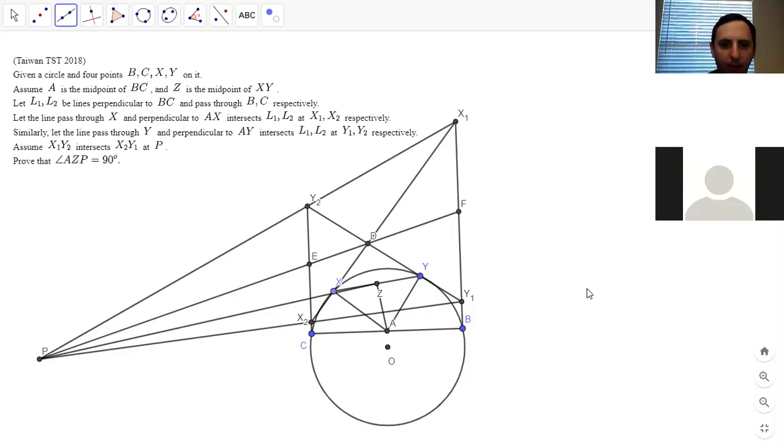Do we know the angle that PZ makes with something else?